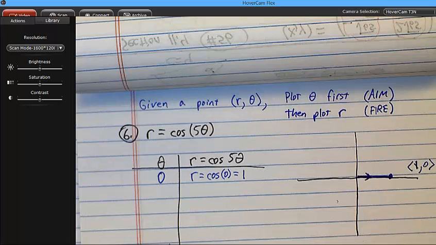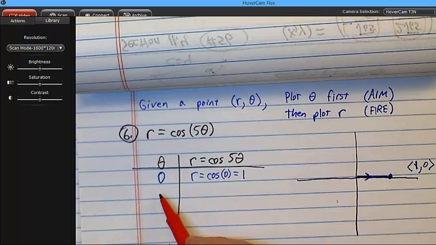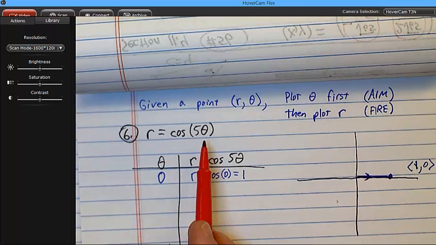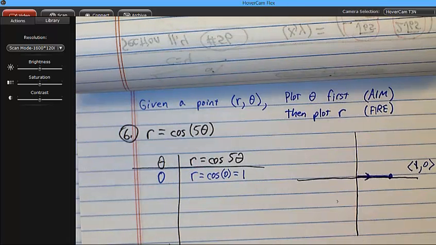Okay, time for another value of theta. Can you give me a good value of theta? Any number. 1's okay. Remember that theta is in radians. So give me a better number. I like pi, right?